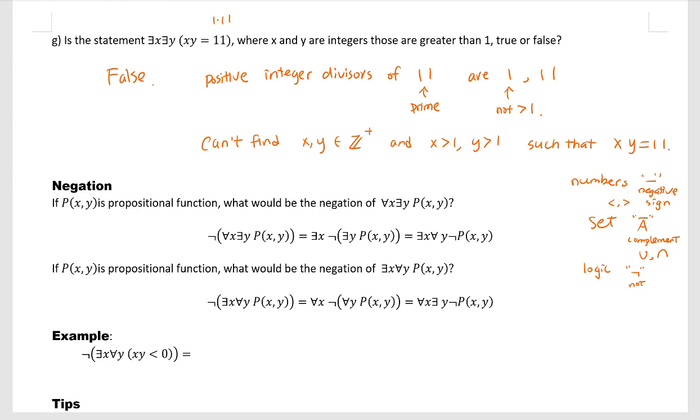The not flips the and and or, and it also flips the for all and there exists. This is the analogy.